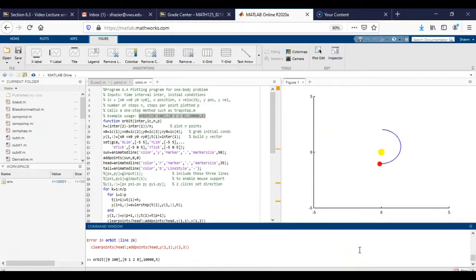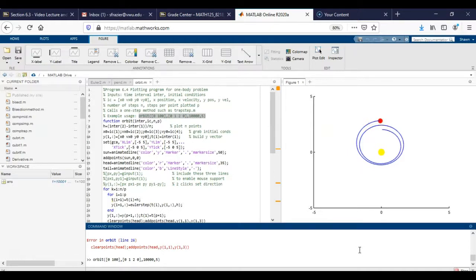Okay, so here is with h 10 times smaller. You can see that it's got a pretty good orbit. Let's see what happens after some time. You can see the planet is outside of its original orbit, still spiraling out, but slowly, right?